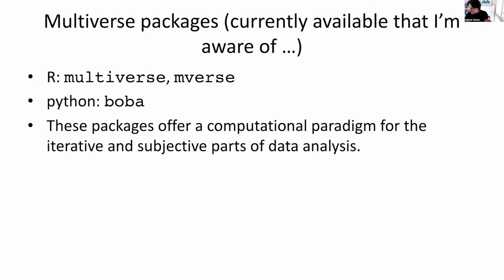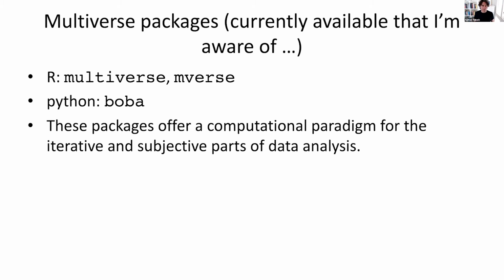So, the multiverse packages that I'm currently aware of; it doesn't mean that other ones don't exist, but these are the ones that I'm aware of. There's Multiverse, which was built by Abhinanil Sarma and Matthew Kay at Northwestern. I was involved in that project. Mverse, which we built on top of Multiverse, is an easier to use version of Multiverse, and I'll get into that more in a little bit.